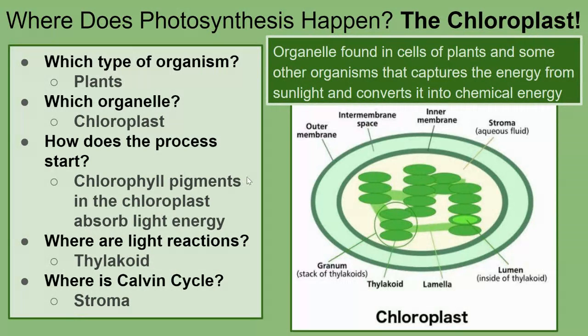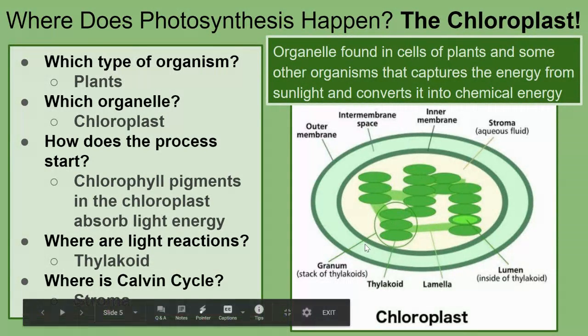How does this process get started? Well, in the thylakoid are chlorophyll pigments, and they absorb the light energy and help get the light reactions started. Where are the light reactions? Again, they're in the thylakoid. And remember, a stack of thylakoids is called a granum.